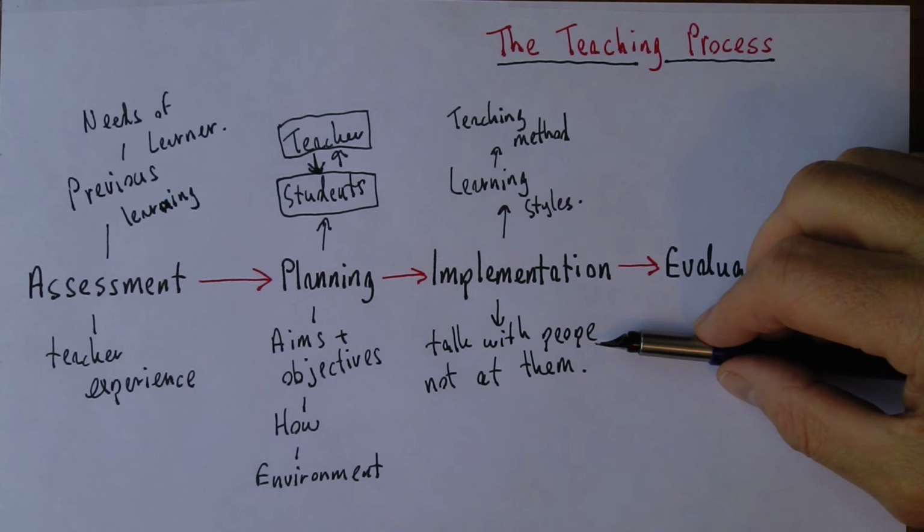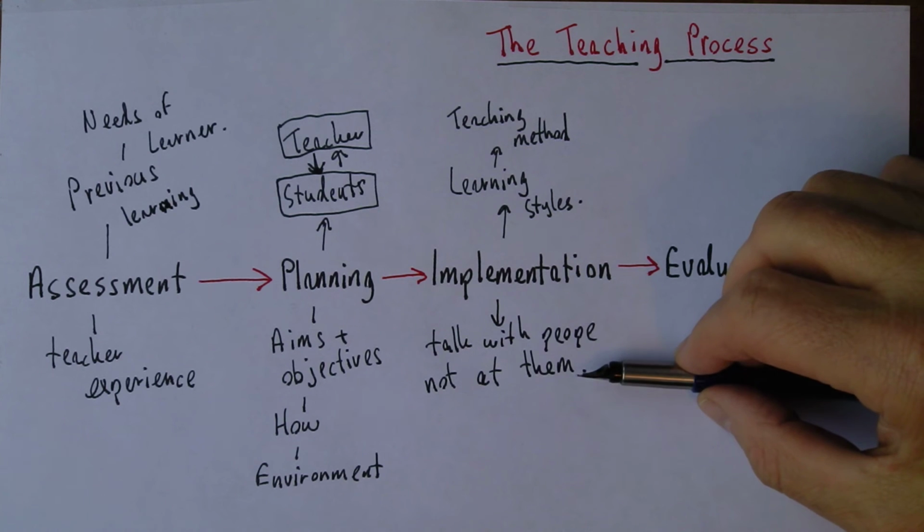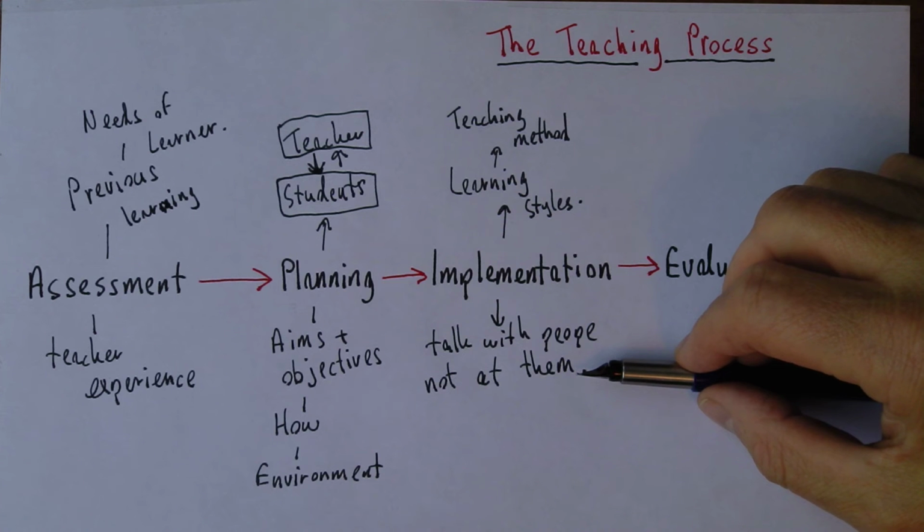Now this is easy, of course, if you have a small group, but if you have a larger group, it becomes more difficult. And that is more challenging, but you do need to interact with the group in some way. So you might nominate individuals, you might ask people to volunteer, you might ask people to put their hand up, or you might systematically go through the whole group as the lesson progresses.